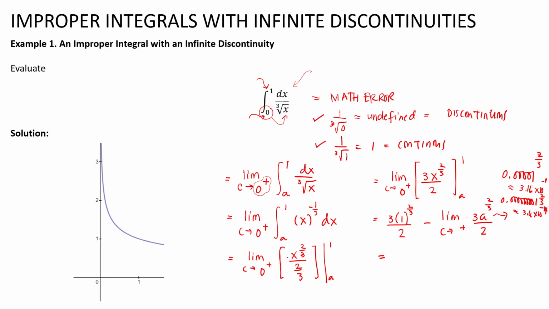If you plug in a very small number, as long as it's not 0, it's the right-hand side of 0, so it is just equal to 0. So 0 times 3/2 gives you 0. So this is 3/2 minus 0. So the answer is 3/2, and this is converging.